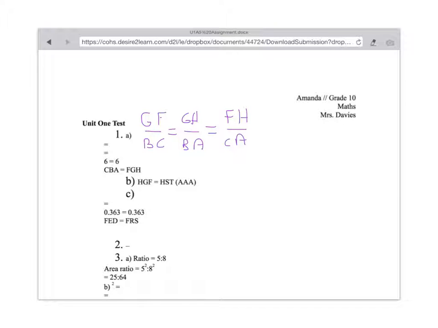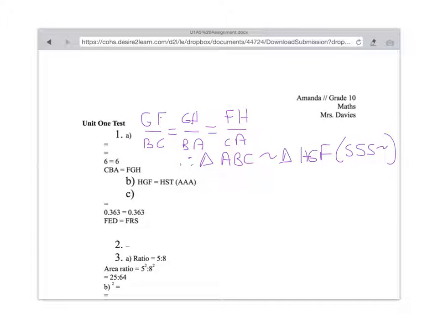So that way what you're saying is the ratio of all three pairs of corresponding sides are equal. And then you would say, therefore, triangle ABC is similar to triangle HGF, and you're going to write in brackets side, side, side similarity. Every question needs to look like that.